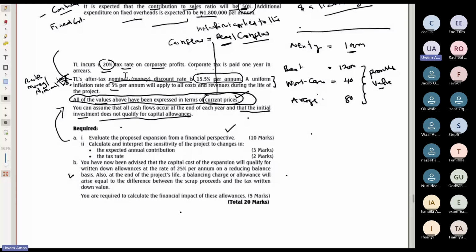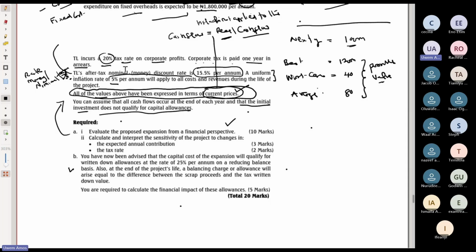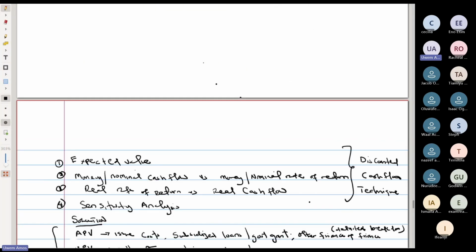Corporate tax is paid 1 year in arrears. Very important information. So what does that mean? Your year 1 tax payable 1 year in arrears would be in year 2. Your year 2 tax would be in year 3. Your year 3 tax would be in year 4, and so on.